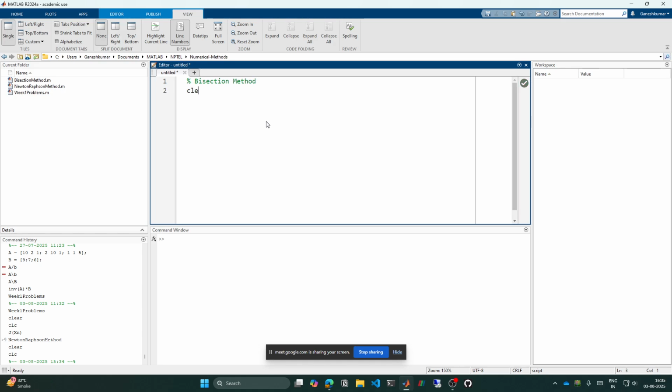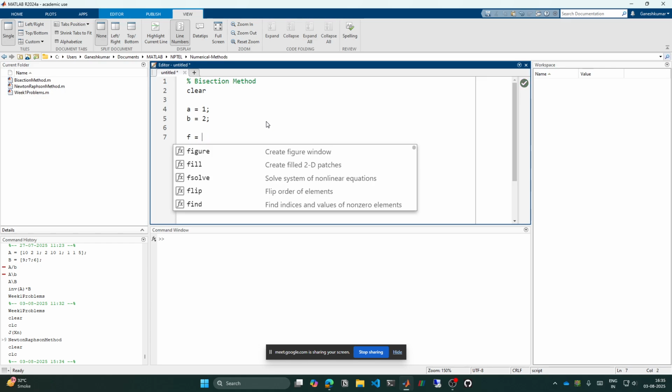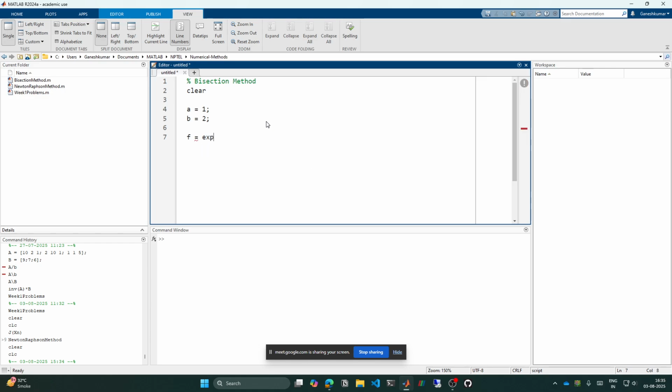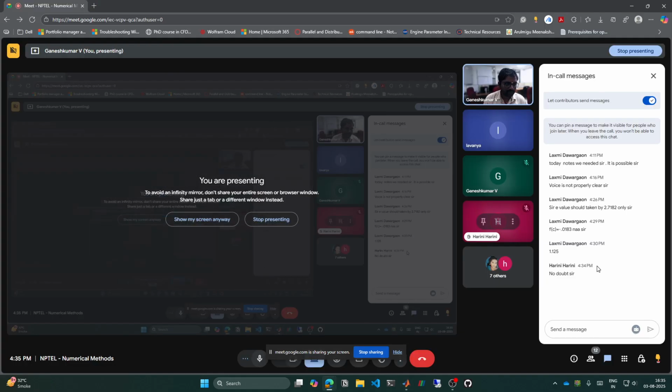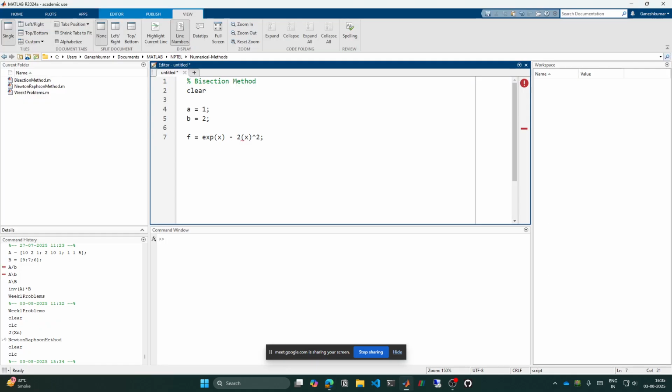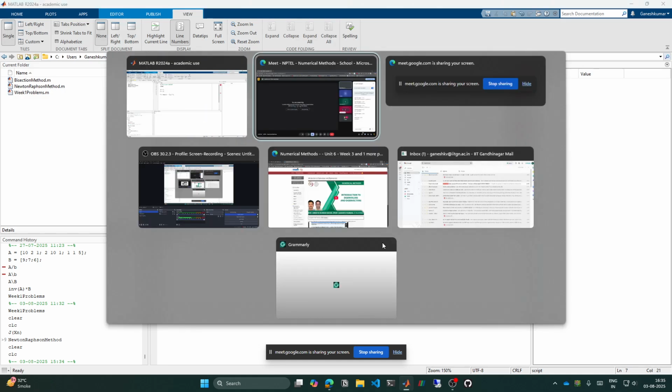Clear is just for clearing everything, nothing much in it. What we know is the interval: a is 1 and b is 2, and the function is the exponential of x minus 2 times x square.